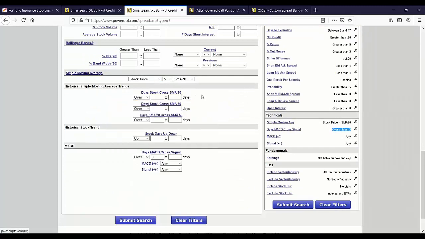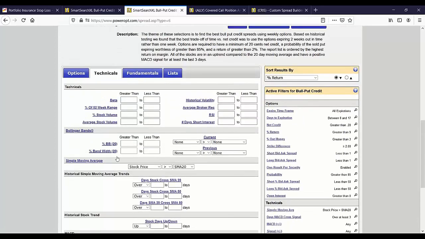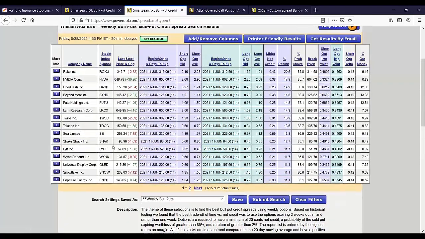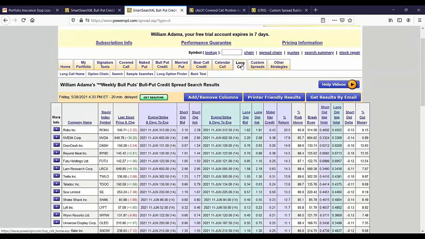You can use the days the stock crossed above a 20-day or 50-day moving average, a positive MACD signal, or making sure there's a positive MACD above the signal line as well, the technical indicators for the stocks themselves. Bollinger Bands, Bollinger Band ranges. One of Ernie's default long call searches is called the Bollinger Band screen, where he's looking for Bollinger Band breakouts to the upside. And for the puts, he's looking for Bollinger Band breakouts to the downside as well. So those are some of the filters I use, looking for stocks that are potentially going to go higher.